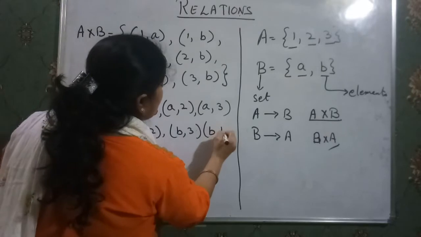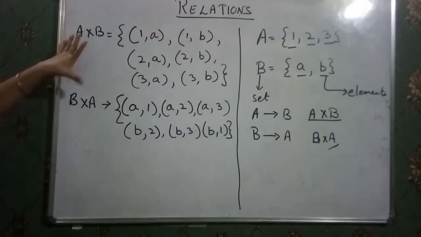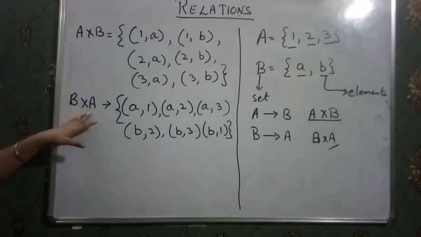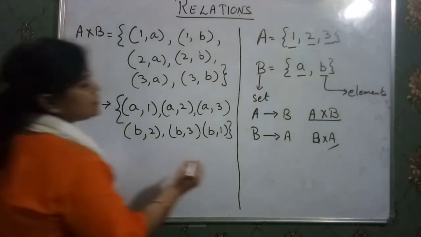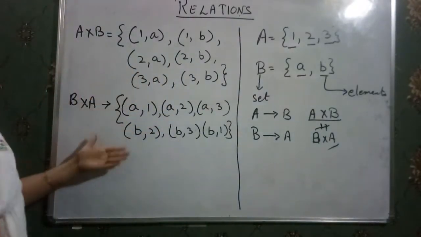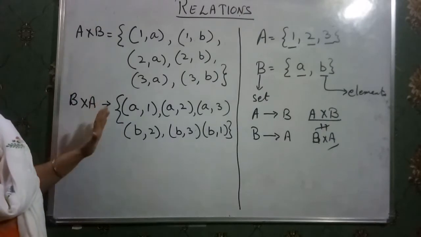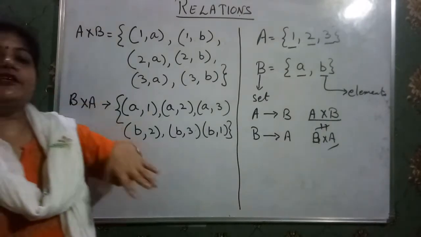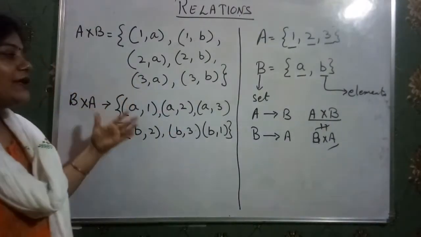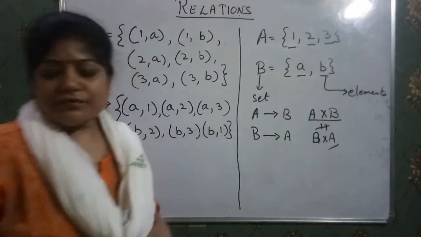So you can easily see that A cross B is not equal to B cross A. Both are not equal to each other. This is also known as the Cartesian product. When a condition is also given along with the Cartesian product, then it is termed a relation.